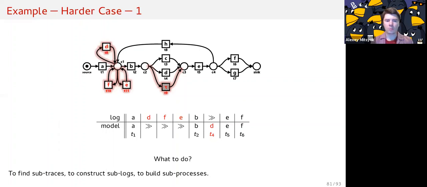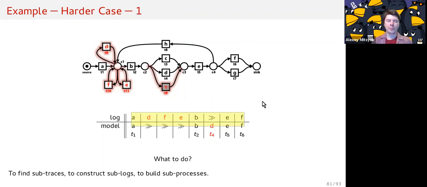It is possible, but even for a single trace we have a lot of transitions. We need to add a lot of transitions to repair the model just to replay a single trace from the event log.